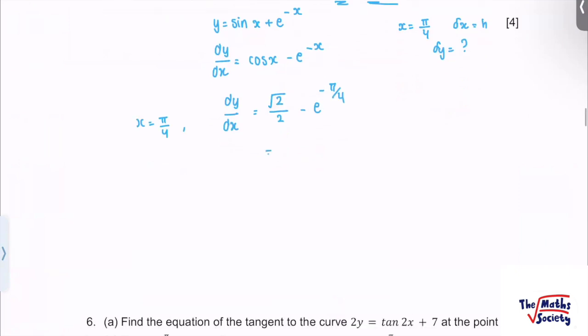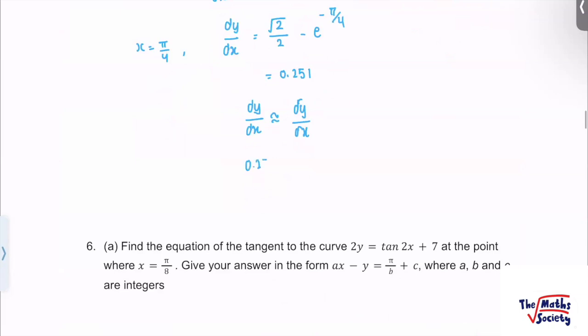Then you'll have an answer of 0.251. So that's dy by dx, which is approximately the change. So that's 0.251, approximately dy by h. So change in y is going to equal 0.251h.